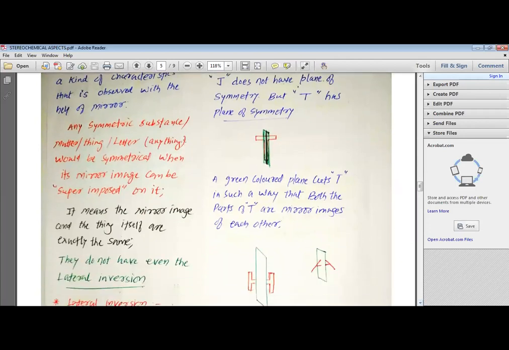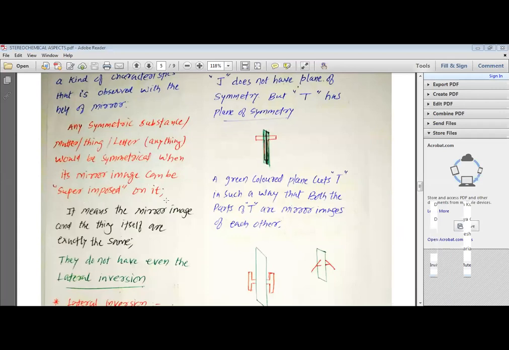Any symmetric substance or any symmetric matter or thing or letter that we write, A, B, C, D, E, F, G, whatever, or anything, if it is symmetric, would be symmetric when its mirror image can be superimposed on it.